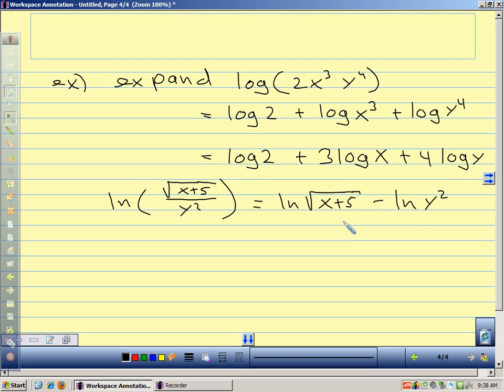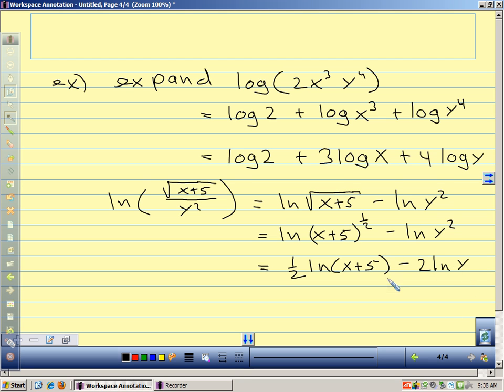How can I write the square root as an exponent? 1/2. So this is the same as the natural log of x plus 5 to the 1/2 power minus the natural log of y squared. Well, now I have logarithms of numbers raised to exponents, so I can bring those exponents down. So this is 1/2 the natural log of x plus 5 minus 2 natural log y.